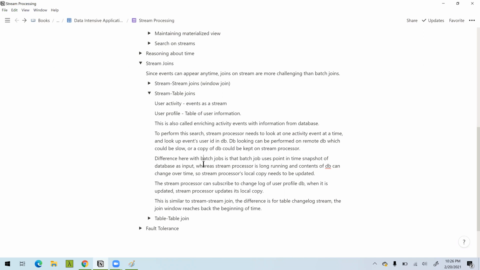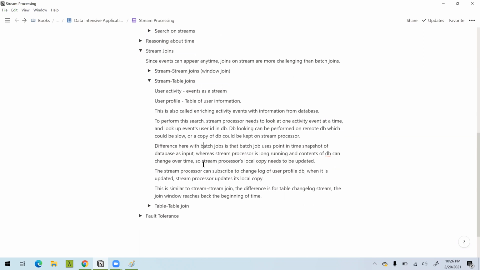The user profile has to store all the events, the entire database table of user profiles, right? Whereas user activity is just a stream that only needs to keep the latest user activity that happened, right? It does not need all the previous history of user activity to get any meaningful information, right?